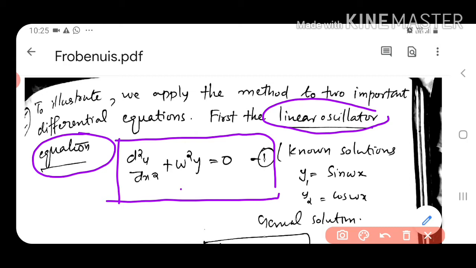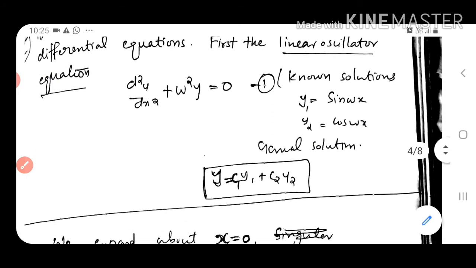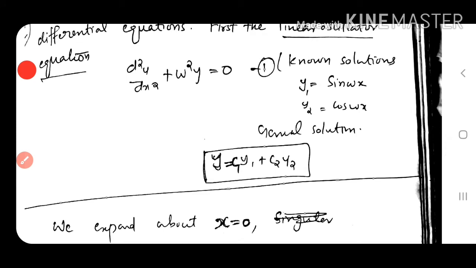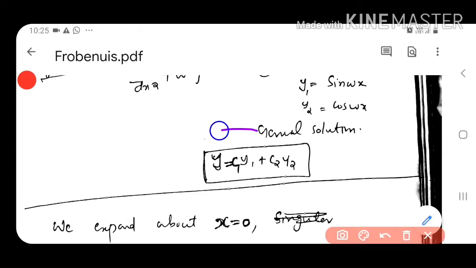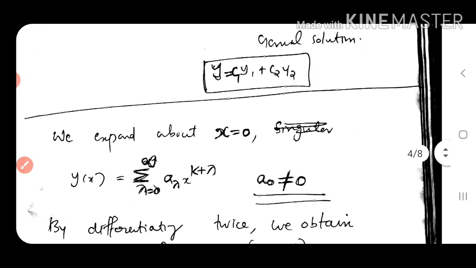We already know there are two solutions: y1 equal to sine omega x and y2 equal to cos omega x. This equation is very familiar to us, and the general solution is y equal to c1 y1 plus c2 y2.